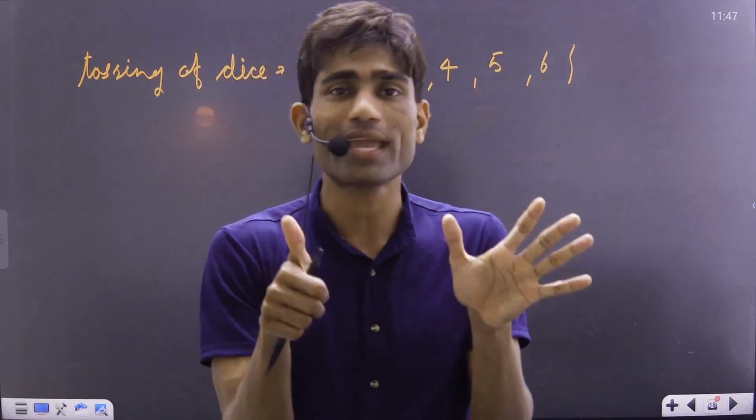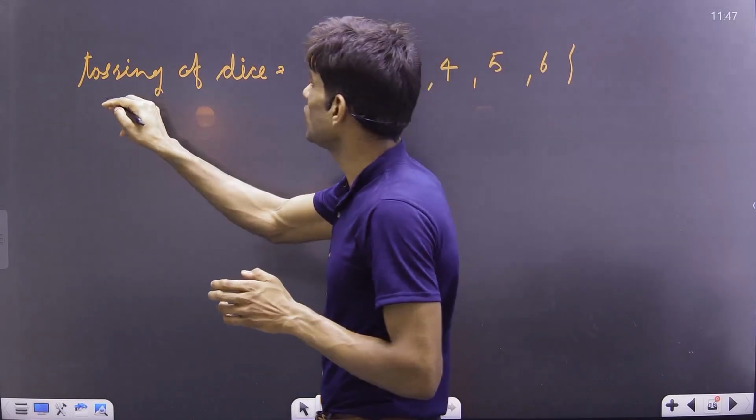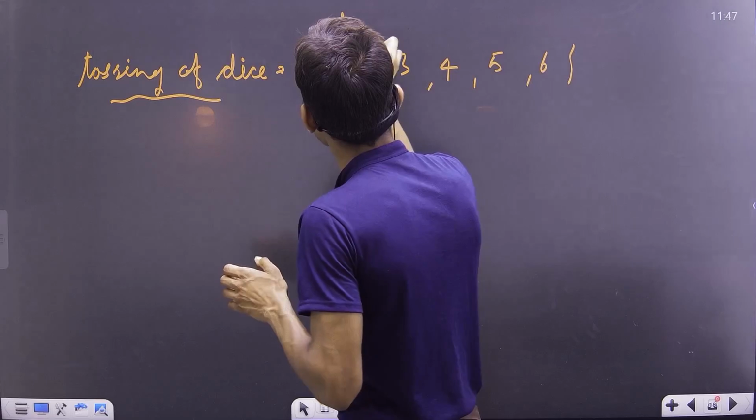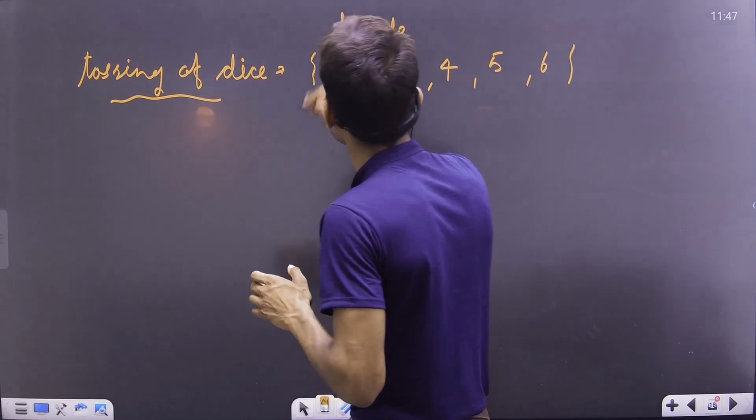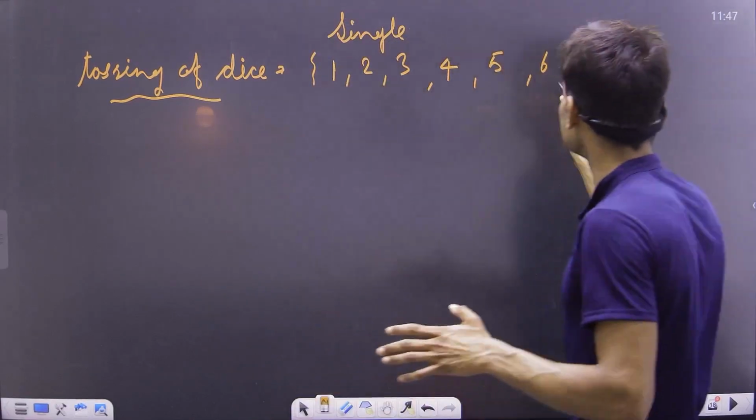That means we get 6 possible outcomes when we toss a single die.